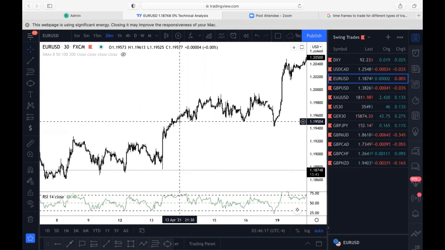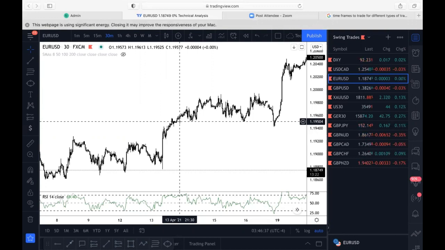If I don't have those, then I'm looking for the lower time frame to match the higher time frame. I'm looking for those trends to match. So if the higher time frame is showing me buys, I want the lower time frame to show me buys, and I enter on a break and retest.